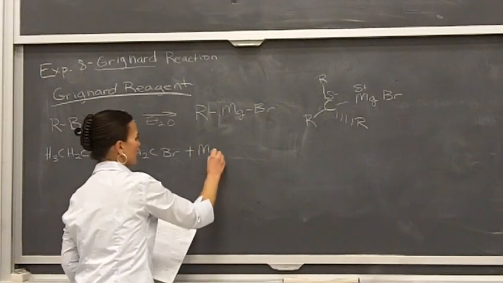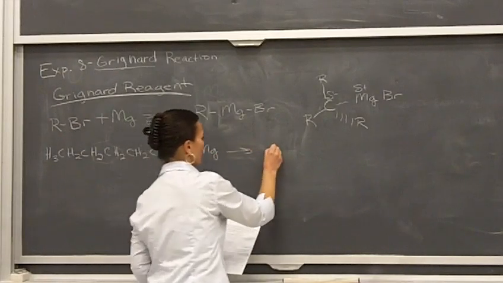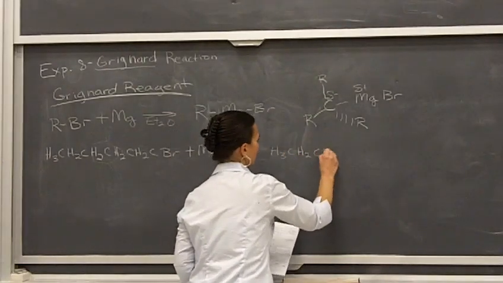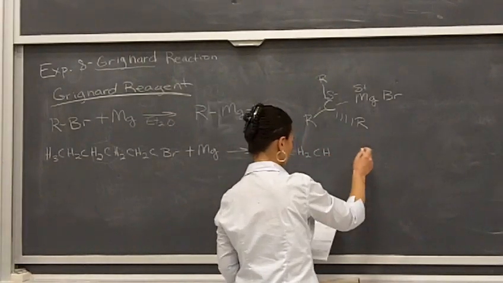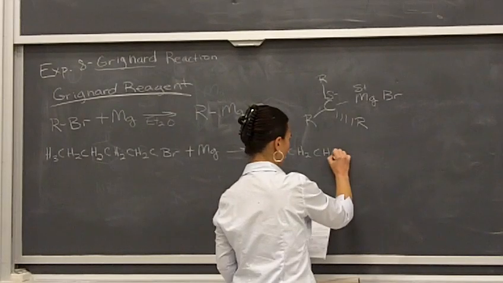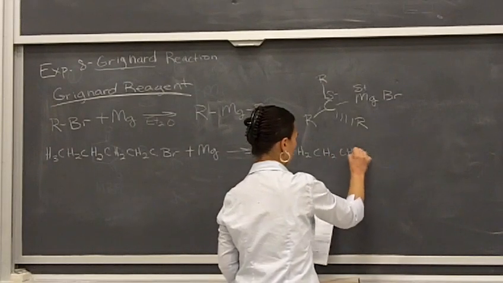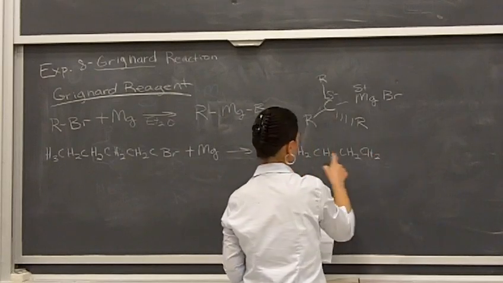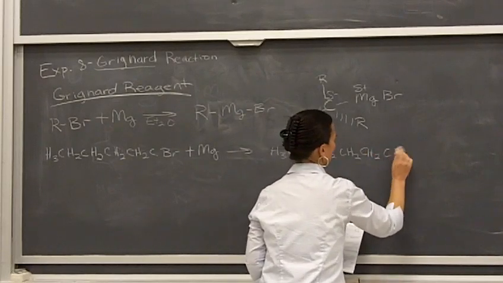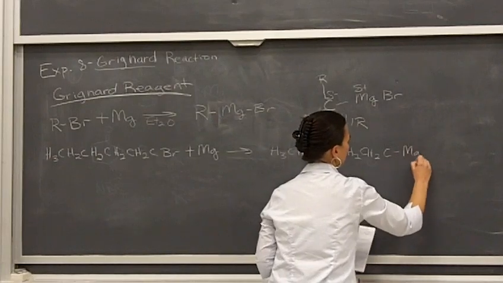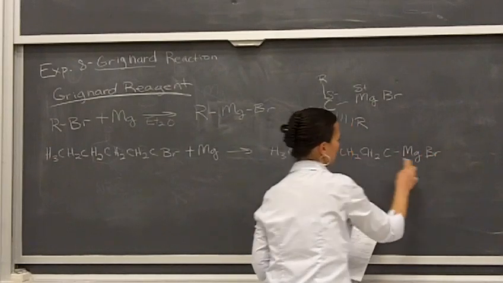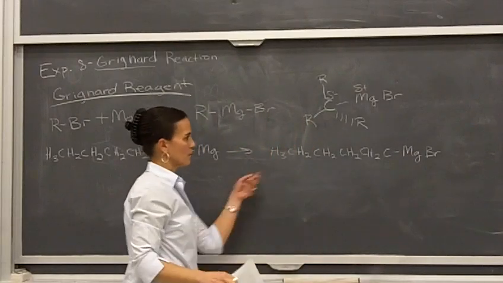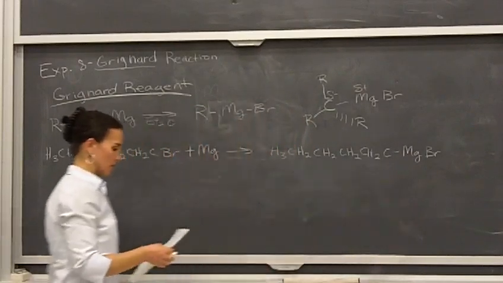We react it with magnesium, and we get our organomagnesium bromide here. That magnesium just inserts right in between the carbon and the bromide, all right? So this would be one possibility for a Grignard reagent.